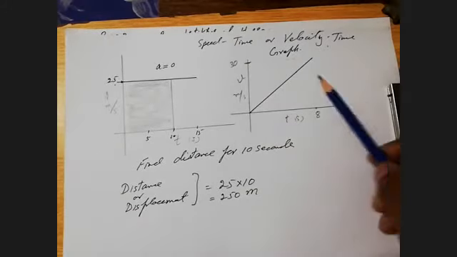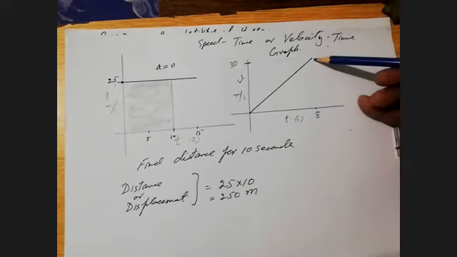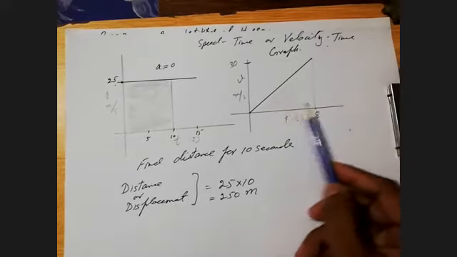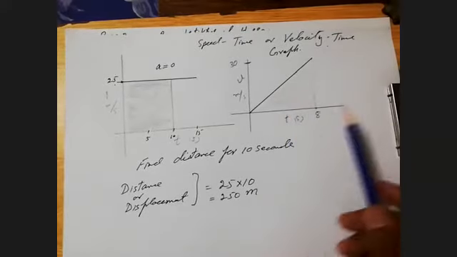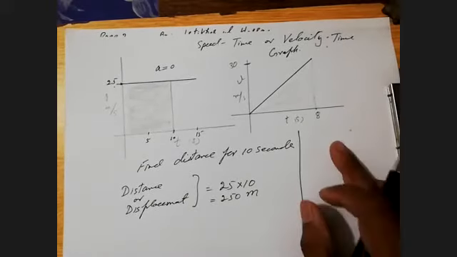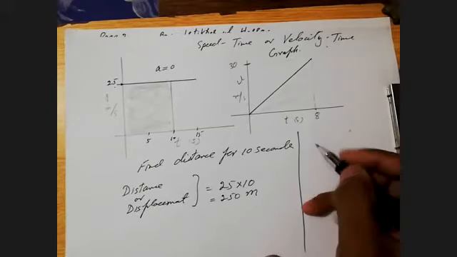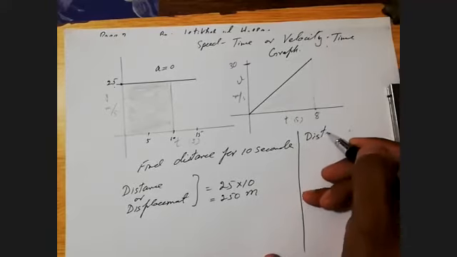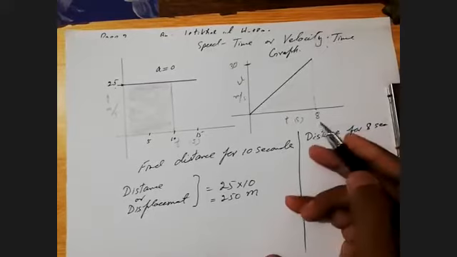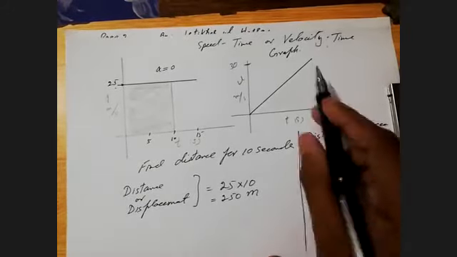Now you have to observe that under the shadow of this line, this is a triangle. So to find out the distance, if somebody asks you to find out the distance for the 8 seconds, what you are going to do is: distance or displacement is equal to the area of the triangle.